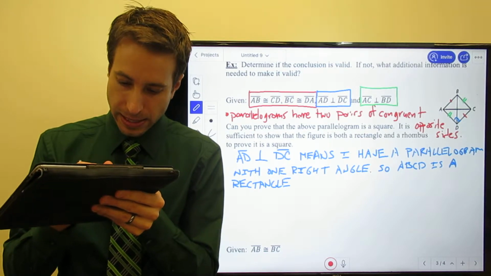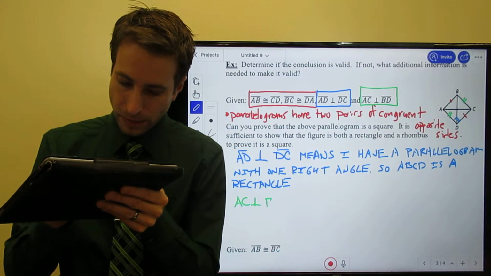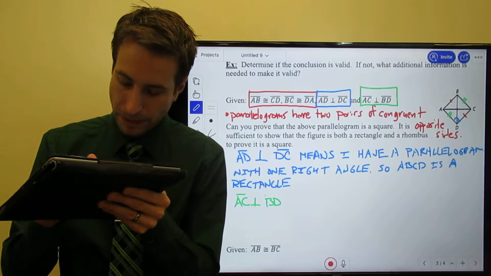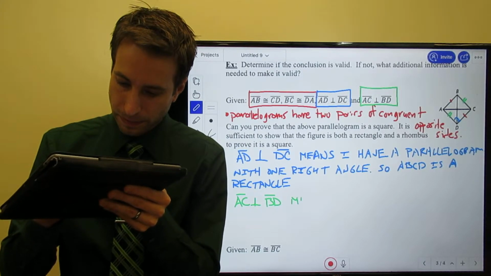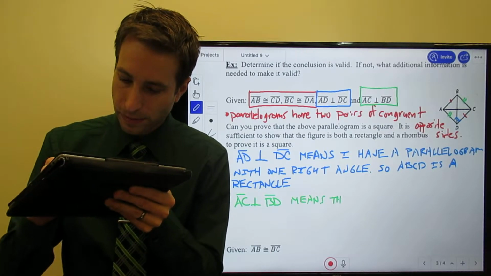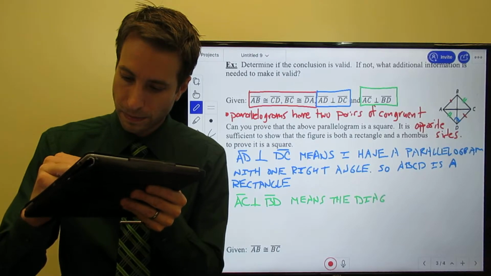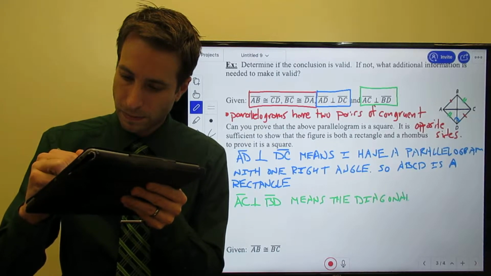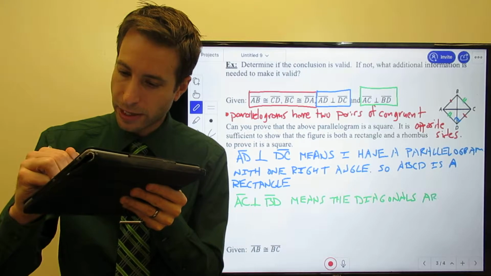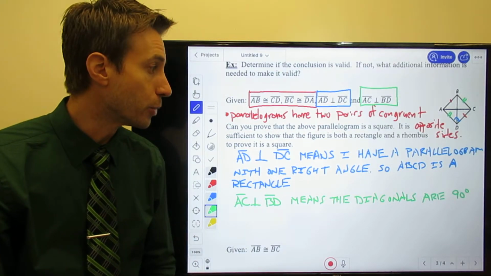So, AC is perpendicular to BD means the diagonals are perpendicular, 90 degrees to each other.